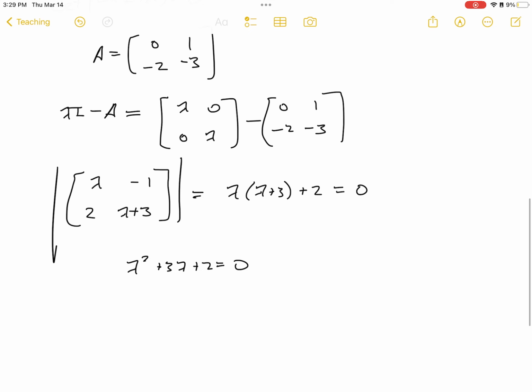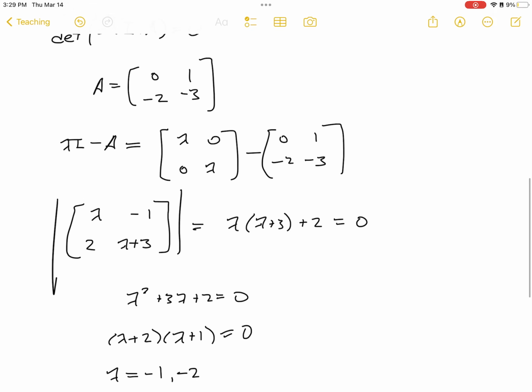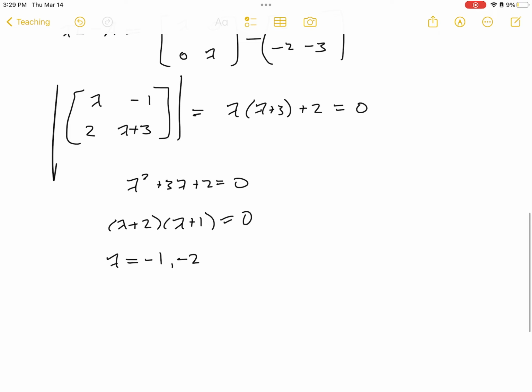So we can factor this out. So we have lambda plus 2 and lambda plus 1 equals 0. So lambda equals minus 1 and minus 2. These are our eigenvalues of the initial matrix A that we were given. And so I'll go ahead and box that. That's part of our solution there.